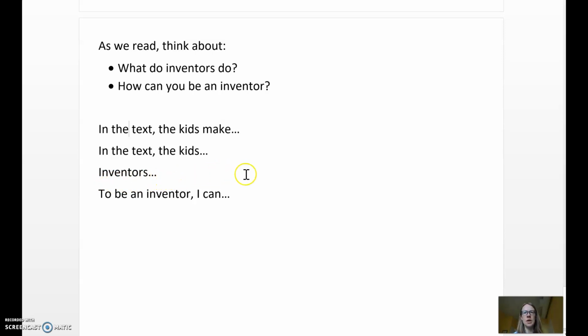Inventors, and say what inventors do. And to be an inventor, I can, and say what you would do. Let's read the text and think about, what do inventors do? How can you be an inventor?